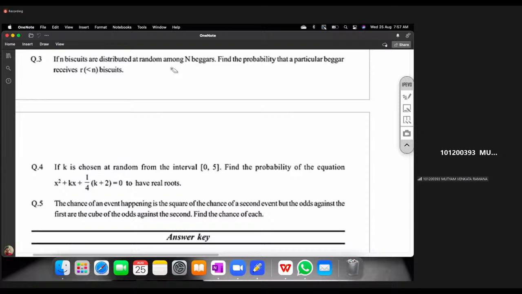And the next question: if k is chosen at random in the interval 0 to 5, find the probability that the equation has real roots. The chance of an event happening is the square of the chance of the second event, but the odds against the first are the cubes of the odds against the second one. Find the chances of each.